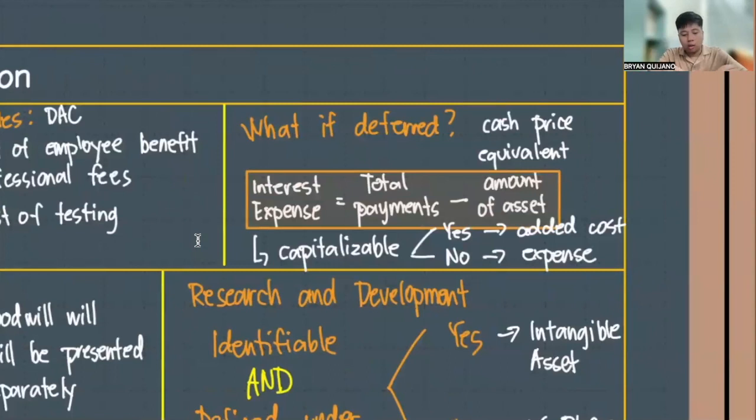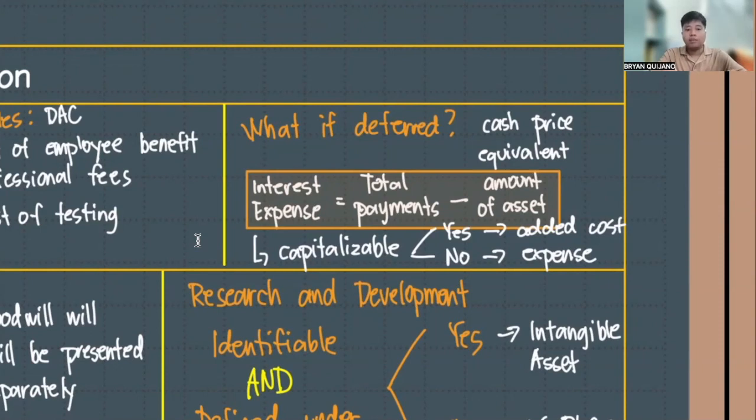Then let's talk about what if the payment is deferred. When we say deferred, we are talking about payment that will be made in the future. If the payment is deferred, the cost is equal to the cash price equivalent.